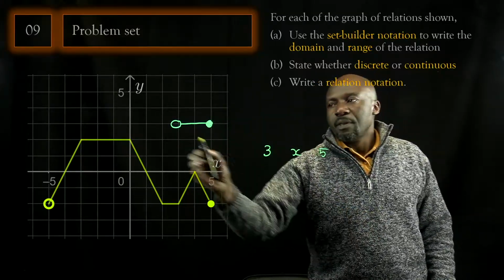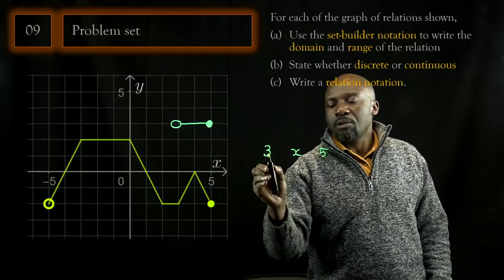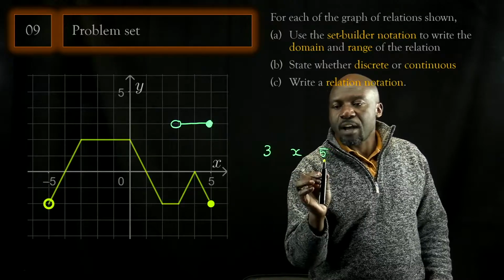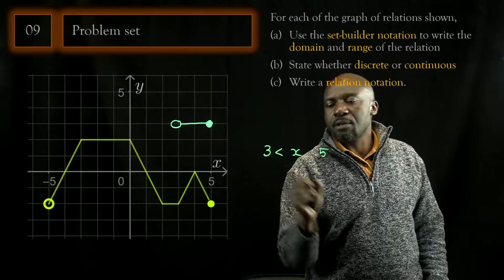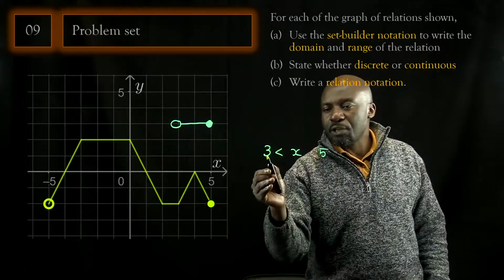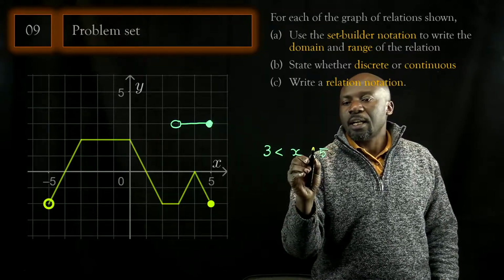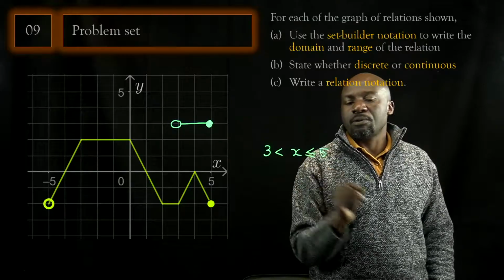The circle means that we cannot include 3. So we are taking all values from 3 to 5, except 3 itself is not included. So greater than 3, not greater than or equal to, and less than or equal to 5.